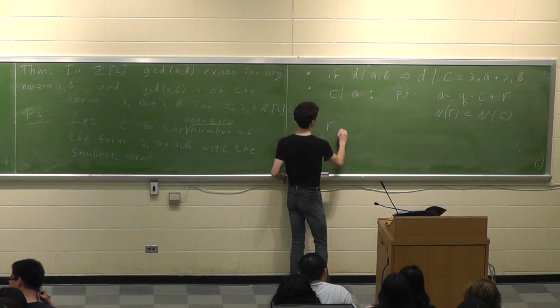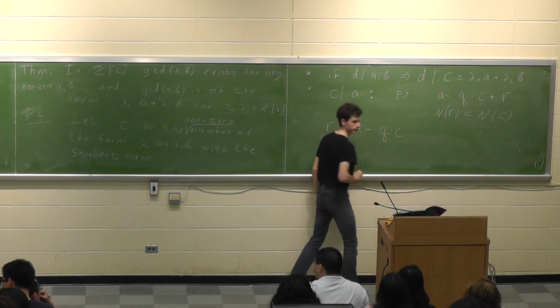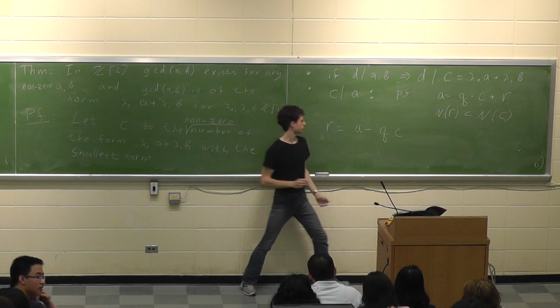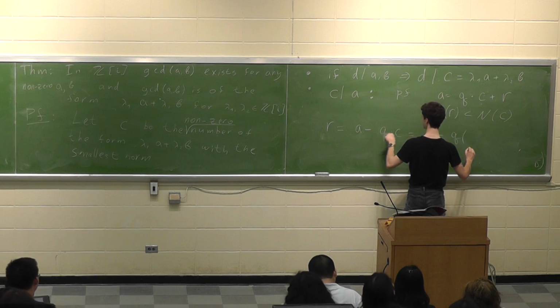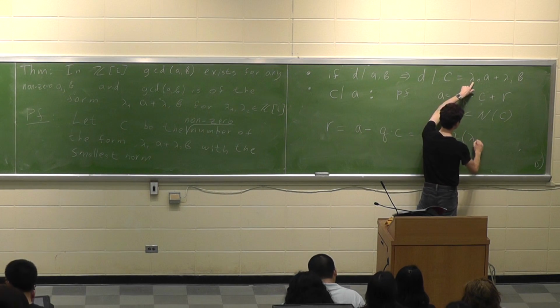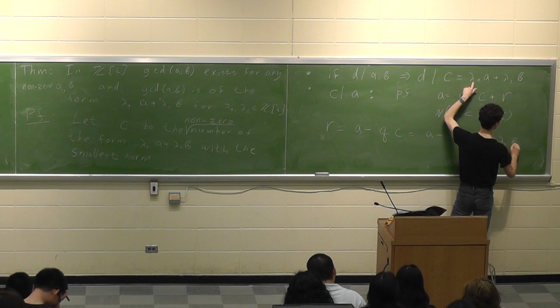But look, what is R? It's A minus a multiple of C. It is A minus some multiple times this number, lambda 1 A plus lambda 2 B.